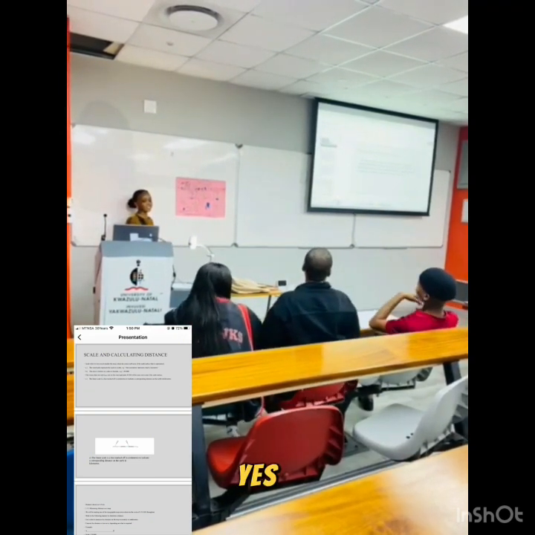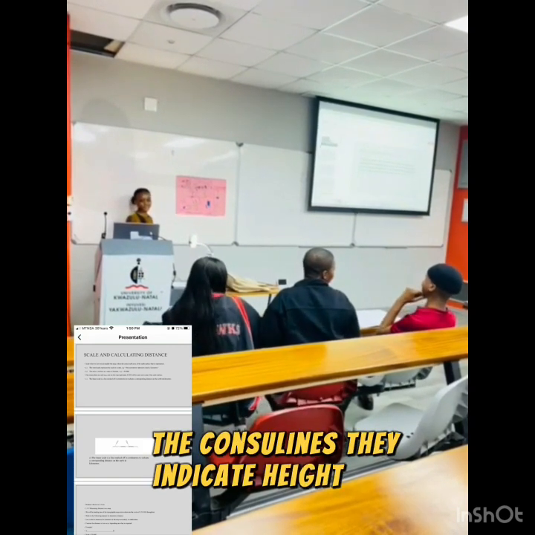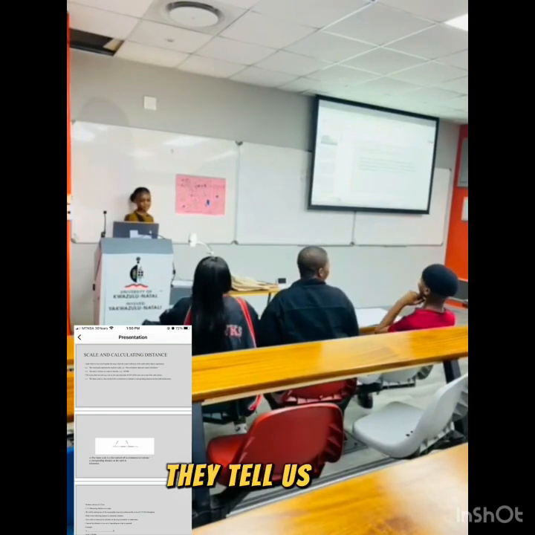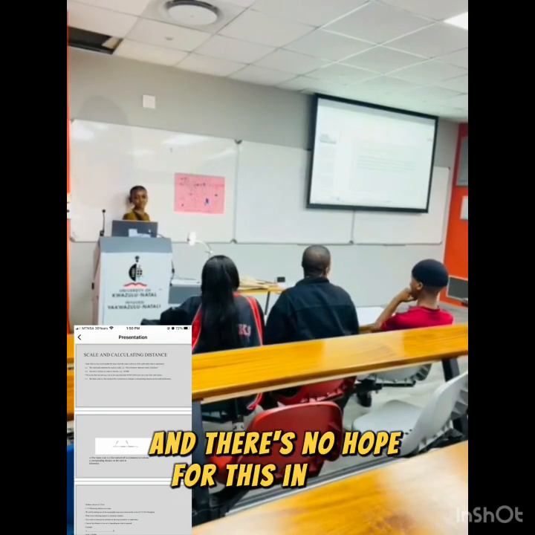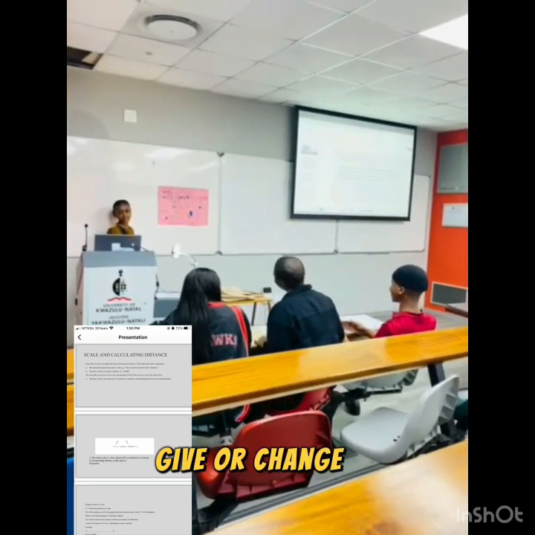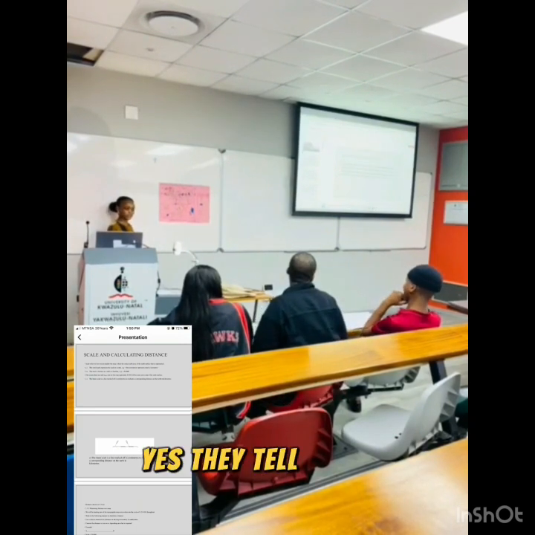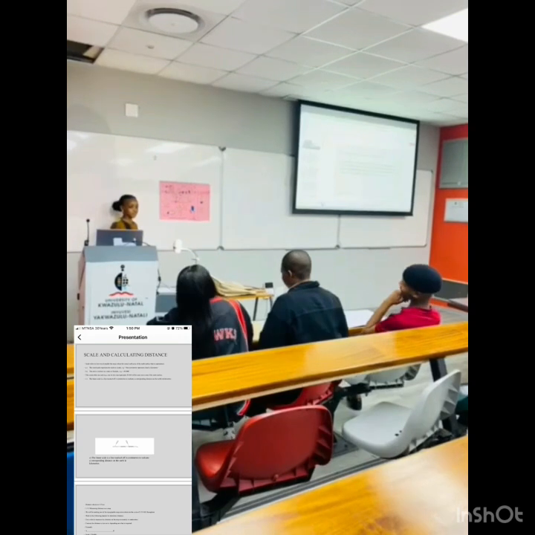The contour lines indicate height. They show us height. They tell us about the slope of the place, if the place is steep or gentle, and they tell us more about the height and the slope of the place.